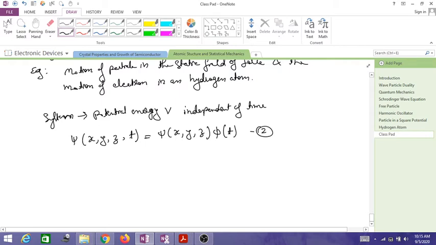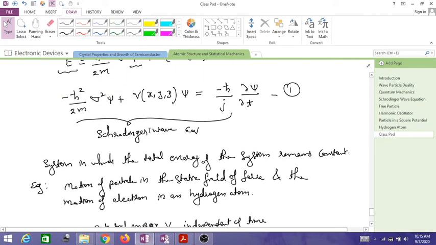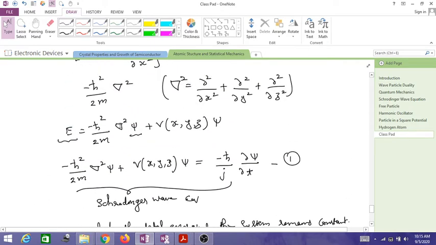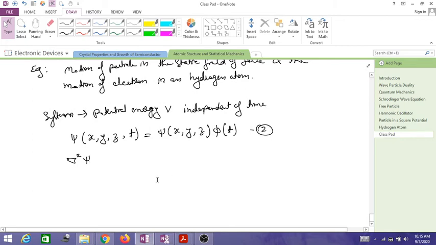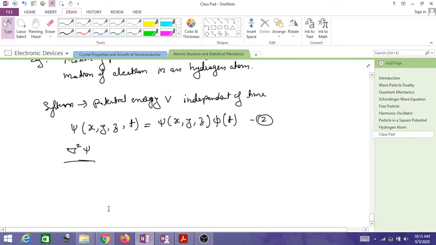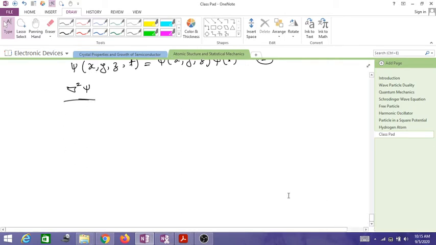Now if we substitute this for the gradient ψ operator in the equation above, so we have the term gradient squared state function ψ, and if we apply equation 2 into equation 1, then we will get the final terms of the energy.